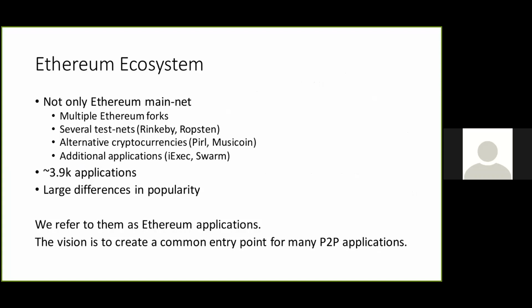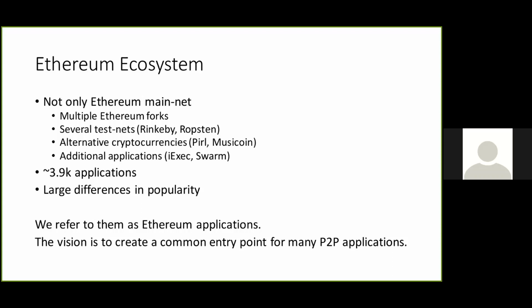There is an IMC paper from 2018 or 19 reporting almost 4,000 applications running on the single DHT. And as you can guess, there are large differences in popularity of those applications, because Ethereum mainnet is supported by almost every node in the network, while Pirl or Musicoin has only a small fraction of peers using it.